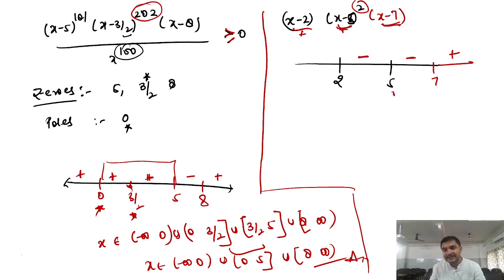Due to this even power, the sign does not change. Now if we take less than 2, say 1: negative, positive, negative, negative times negative is positive, again we get this result. So the moment we do not have a star, the next part will have a different sign, and accordingly we answer it.